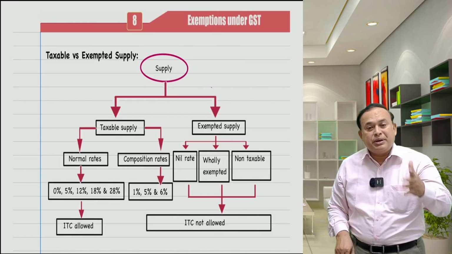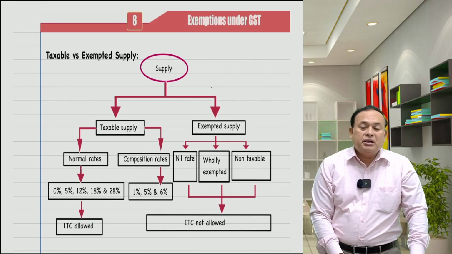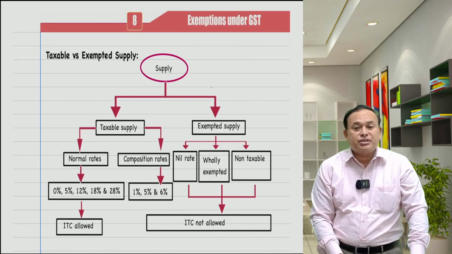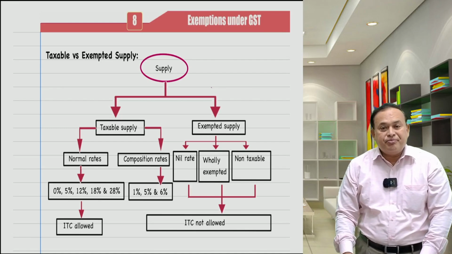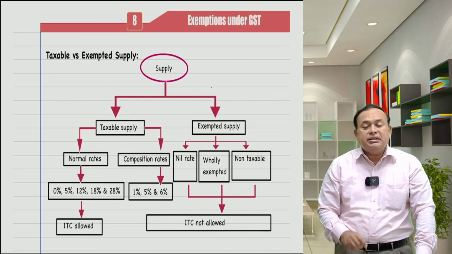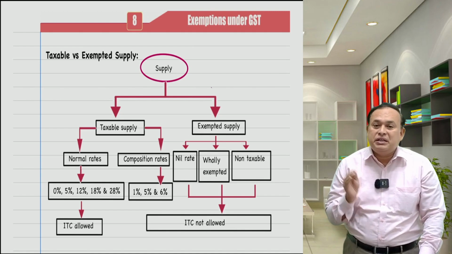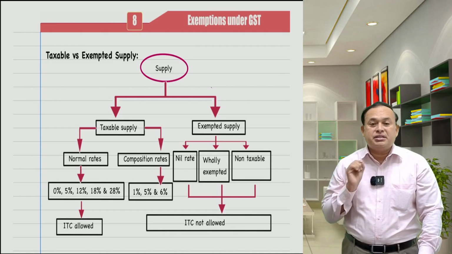Supply of goods separately given, supply of services separately given. Here, presenting first and foremost, supply of goods, exempted supply. You should understand here, my dear friends, exempted supply is absolutely different from zero rated supply.